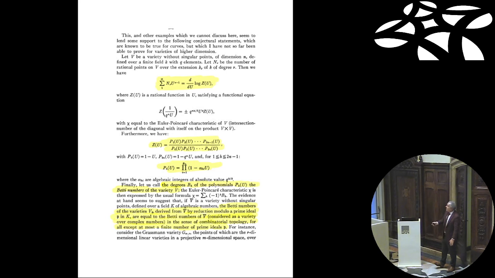And the more difficult part was this statement about absolute values, which is in some sense an analog of the Riemann hypothesis, and this was proved in the 70s by Deligne, and he was awarded both the Fields Medal and the Nobel Prize for it. Okay, so this is for this connection.